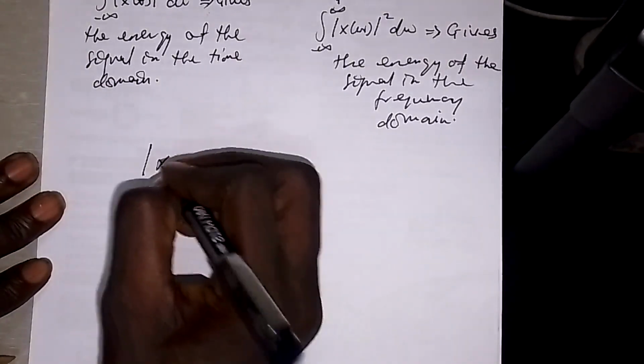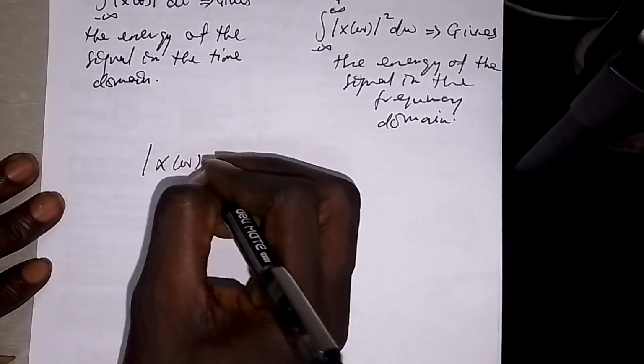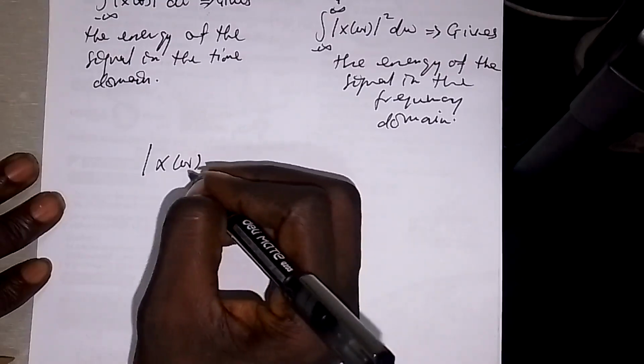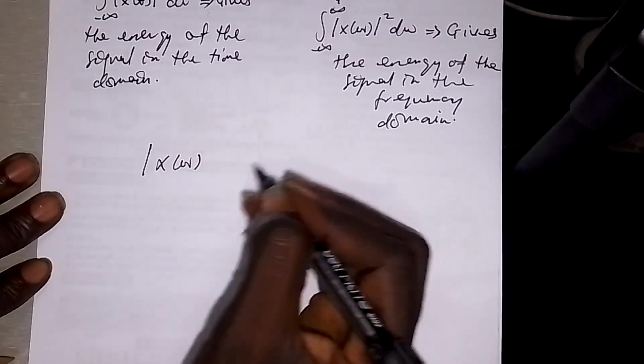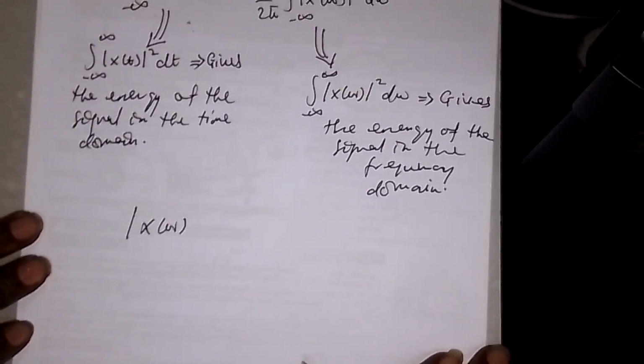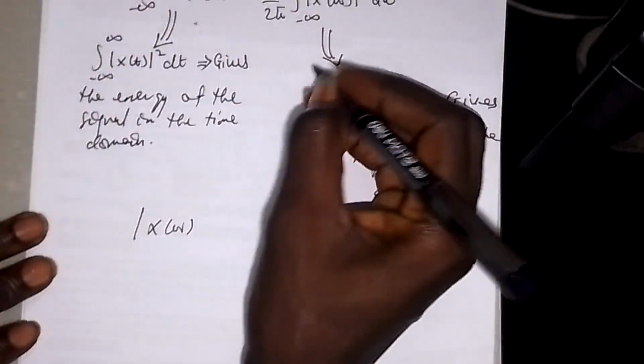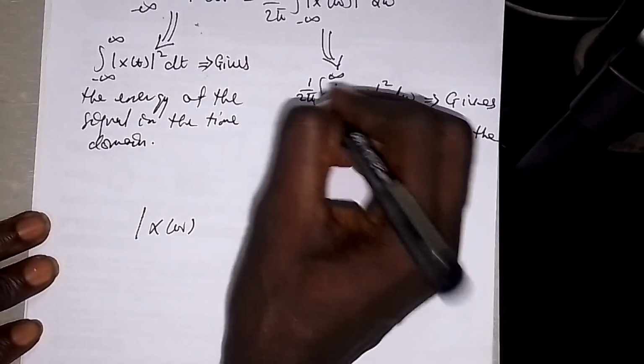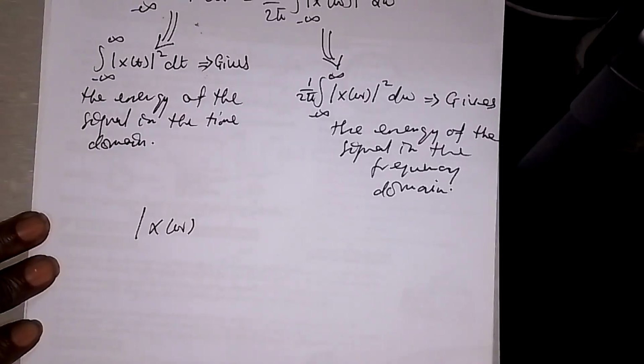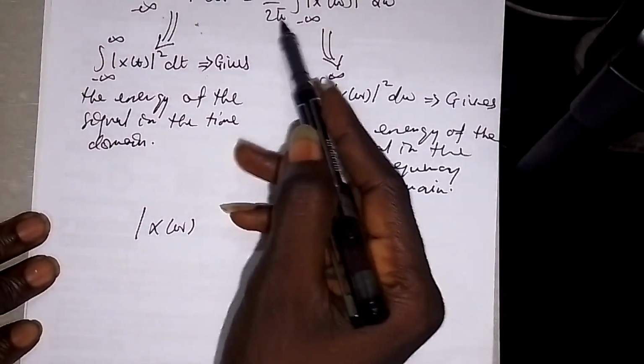And then when you have x of omega squared, I am supposed to bring 1 over 2 pi there, sorry about that, just as it is here.